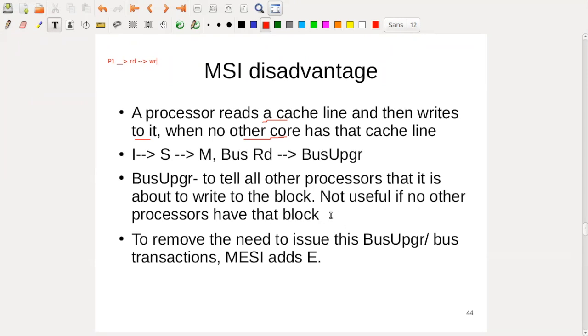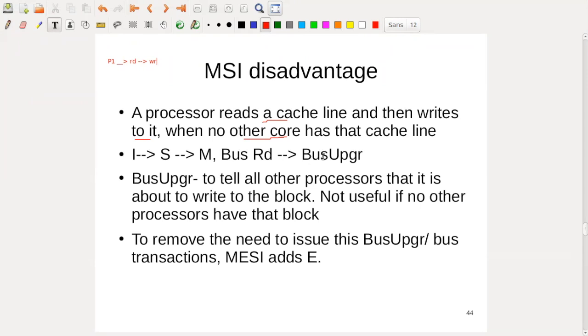So the cache controller has to keep checking the other cores, but really there is no other core which has that block. So every time, let's say this processor keeps writing to it or reading from it, it keeps sending this bus upgrade, and all the other processors keep checking it.